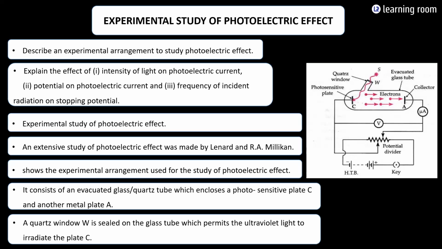Secondly, how does the potential impact the photoelectric current? And thirdly, how does the frequency of the incident radiation impact a parameter called the stopping potential? These three effects being studied with the help of this observation is what we call the experimental study of the photoelectric effect. This is a very, very important point.